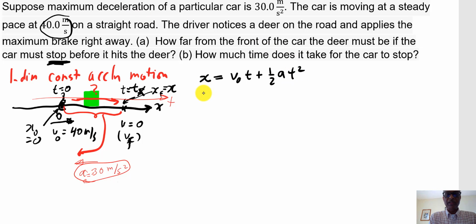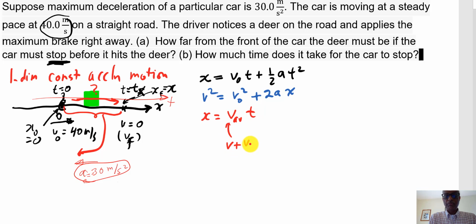Another formula is v squared equals v0 squared plus 2ax. Another formula is x equals the average velocity times t, and that average velocity is v plus v0 over 2.